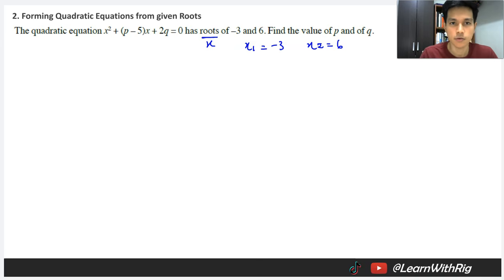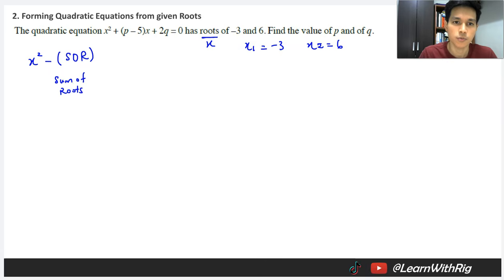Okay, first thing you have to understand is how do you form a quadratic equation, right? This is how you do it. x squared minus, this is what we call SOR. What is SOR? SOR stands for sum of roots. So in other words, you're taking the sum of the roots, which is these two.